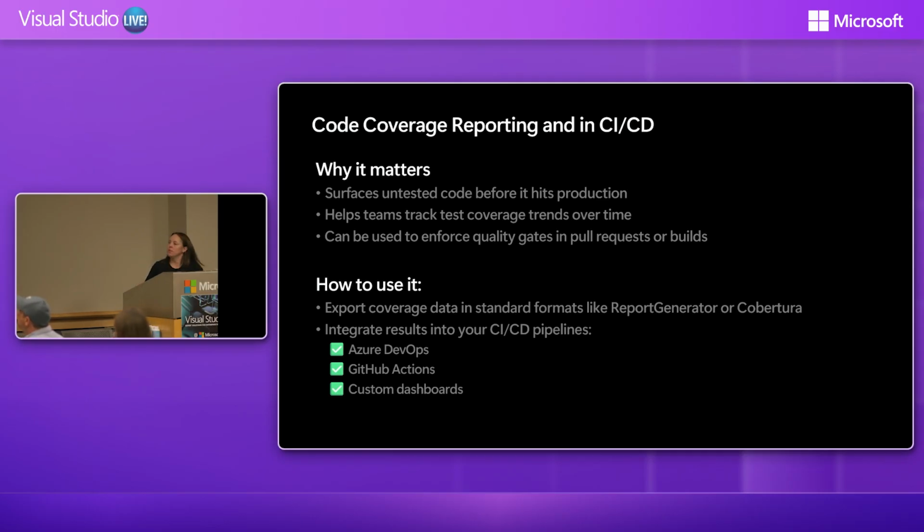And then before we jump into Visual Studio, the last thing I want to talk about is code coverage in reporting and in your CI/CD pipelines. In terms of code coverage reporting, we've got some new improvements in the reporting experience, and I'll show those in just a second too. But we really want to get to a level of 70 to 80% of code coverage.